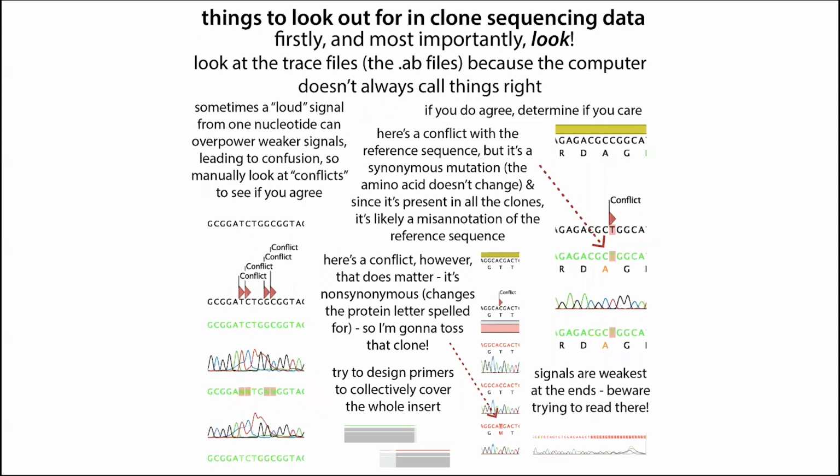And remember, don't just look at the sequence file. This is going to tell you the consensus sequence, which can be fooled into thinking that the sequence is wrong when really it just called it wrong. Or maybe you have contamination, which is going to be a bigger problem.